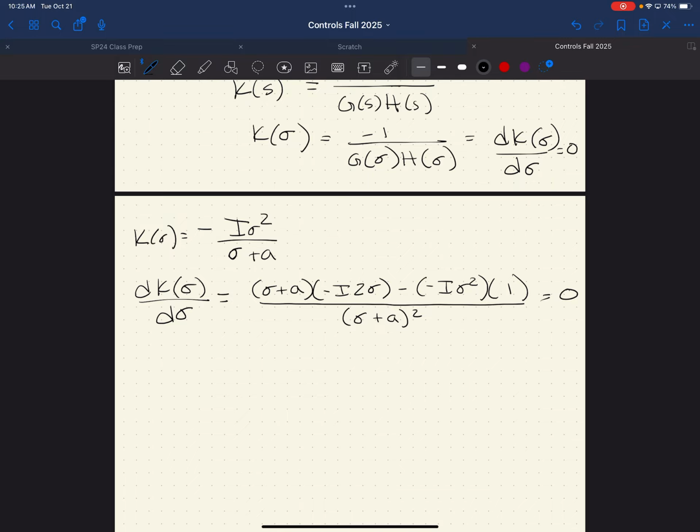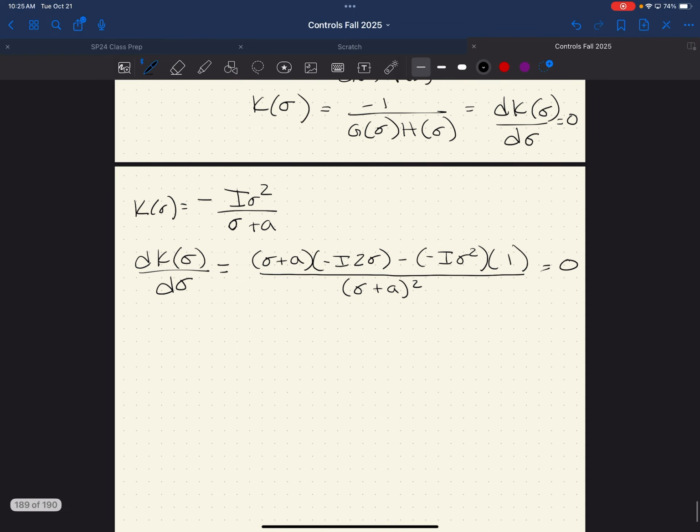Okay, so we know from last week that our break-in and breakout points will appear when this expression is true. So let us simplify this a bit. Let's only worry about the numerator being equal to 0. If I multiply by sigma plus a squared equals 0, I just get 0 equals the numerator. Then I'm going to distribute: minus 2 sigma squared minus 2a sigma plus sigma squared equals 0.